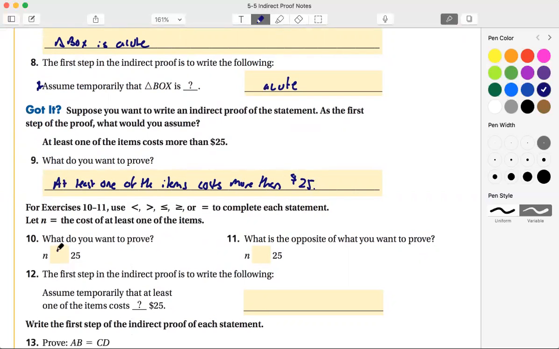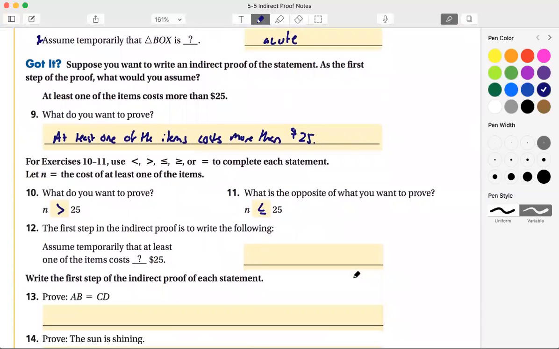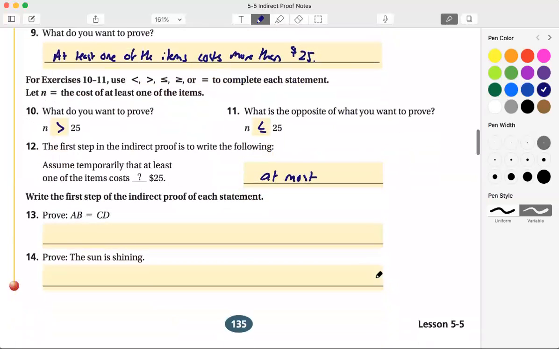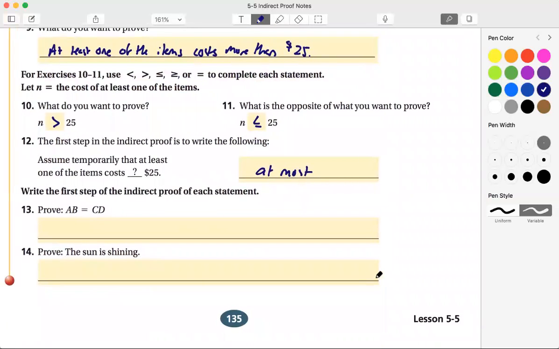So that means n is greater than 25. The opposite of that is n is less than or equal to 25. So we're going to assume temporarily that at least one of the items costs at most $25.